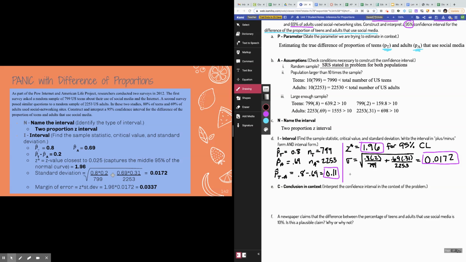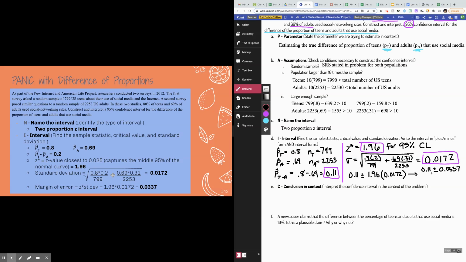So my interval is 0.11 plus or minus 1.96 times 0.0172. Okay, so if I multiply 1.96 and my standard deviation together, I get 0.11 plus or minus 0.0337.